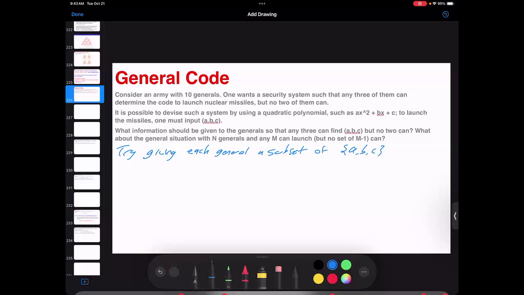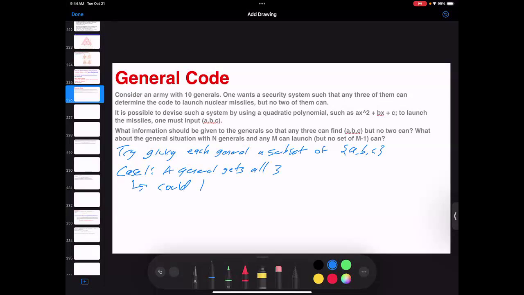So case 1, a general gets all 3. Could launch, thus cannot do. So do we all agree we can't give a general all 3 of A, B, C?